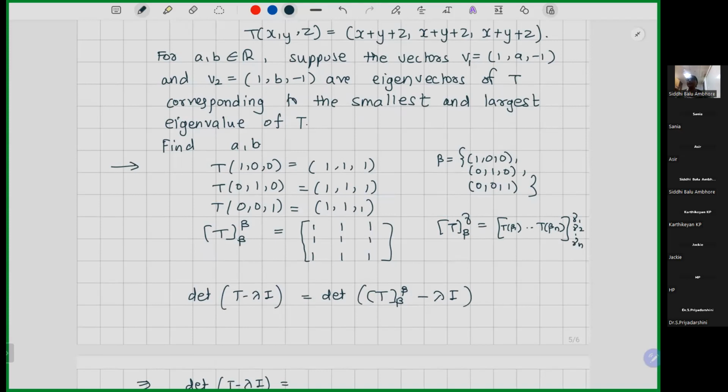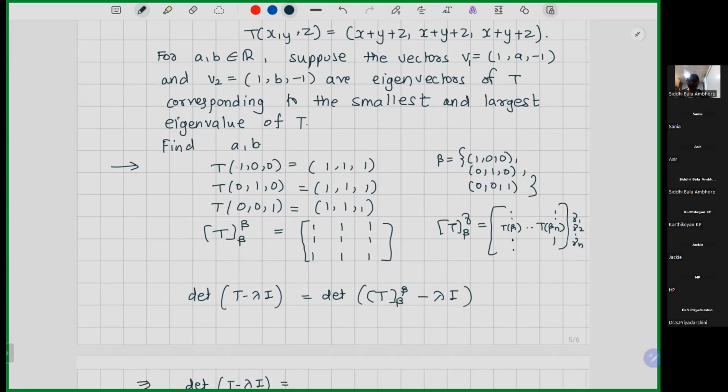I take T of beta 1 and express it in terms of gamma, the elements gamma 1, gamma 2, gamma 3, as a linear combination of the gamma i's. The coefficient corresponding to gamma 1 I write in the first entry and so on. So this is a matrix where each entry is the coefficient of gamma i in T of beta j.